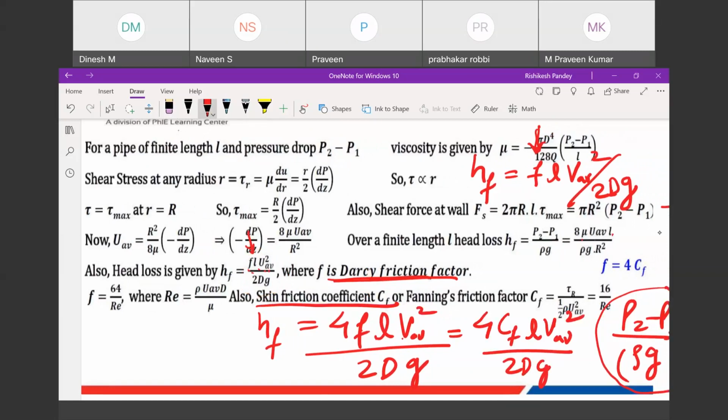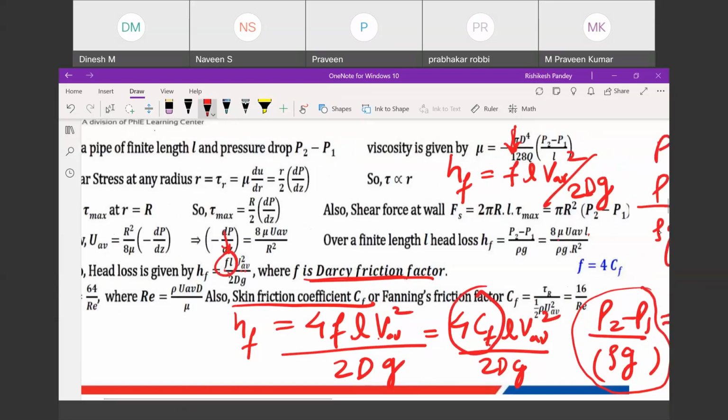If I compare this with our equation, Darcy friction factor is 4 times the skin friction coefficient. So you can make a note of the relation between these two.